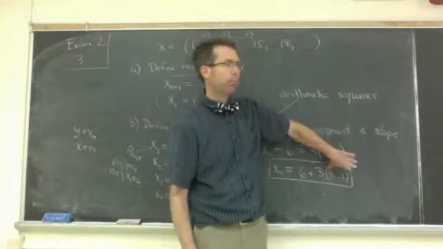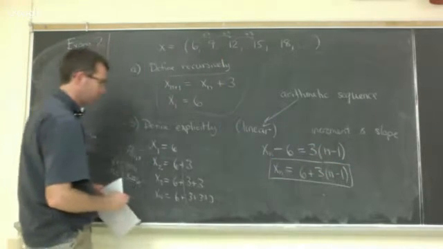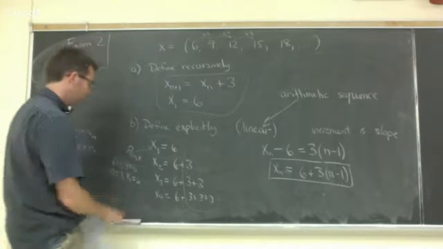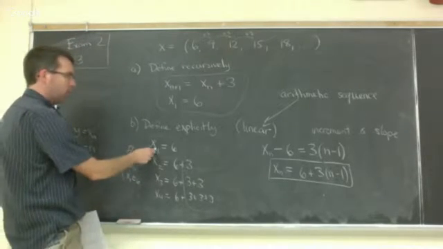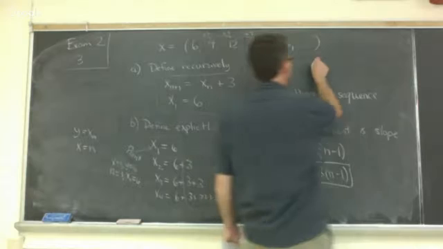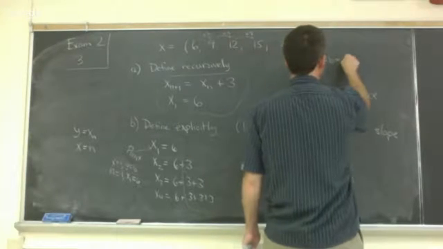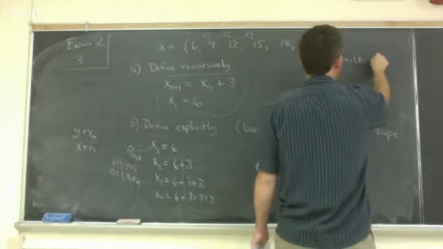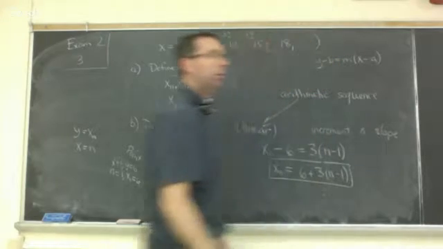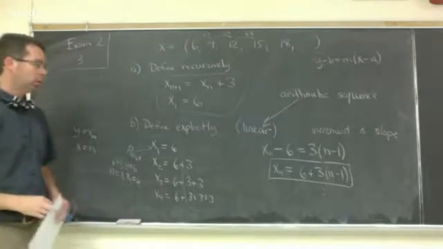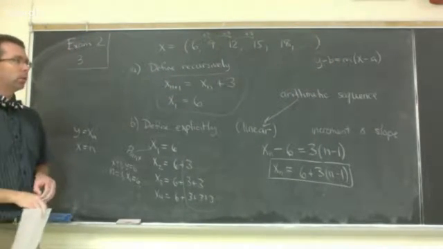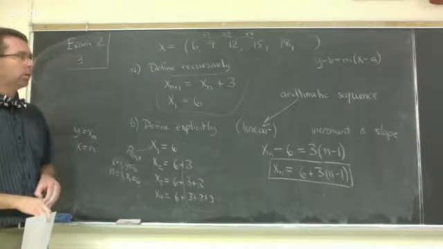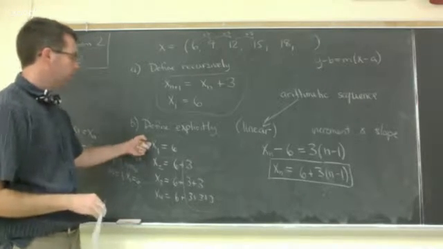Why is it n minus 1, not plus 3? Well, it's n minus 1 because point slope form is always y minus b equals m times x minus a.